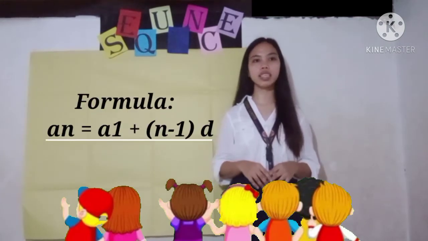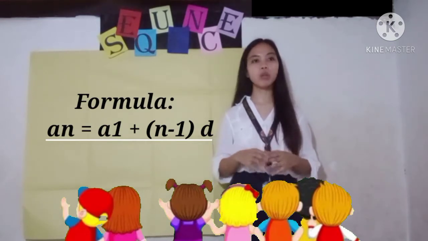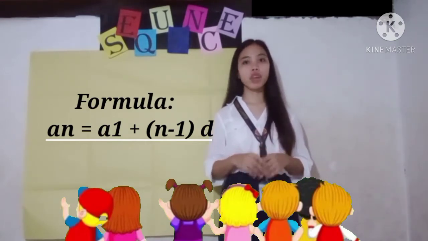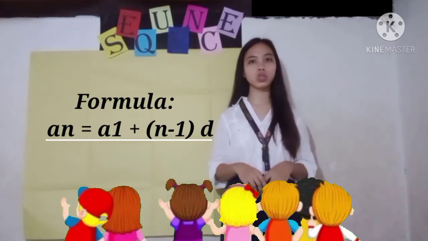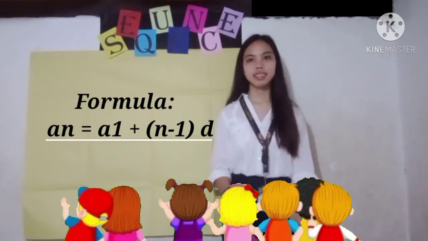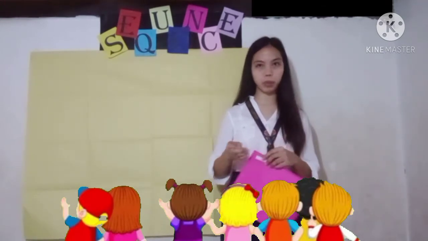To find any term in an arithmetic sequence, use the formula a sub n equals a sub 1 plus the quantity n minus 1 times d. And now I have here an example of arithmetic sequence.